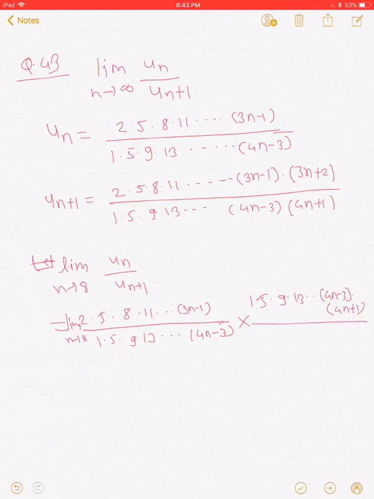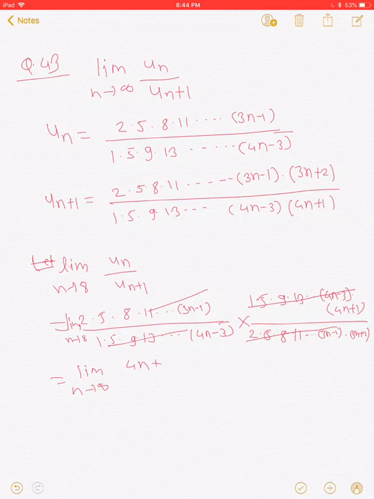In denominator it is 2 into 5 into 8 into 11 ... 3n minus 1 into 3n plus 2. So this term gets cancelled with this. So the only remaining part is limit n tending to infinity 4n plus 1 upon 3n plus 2.